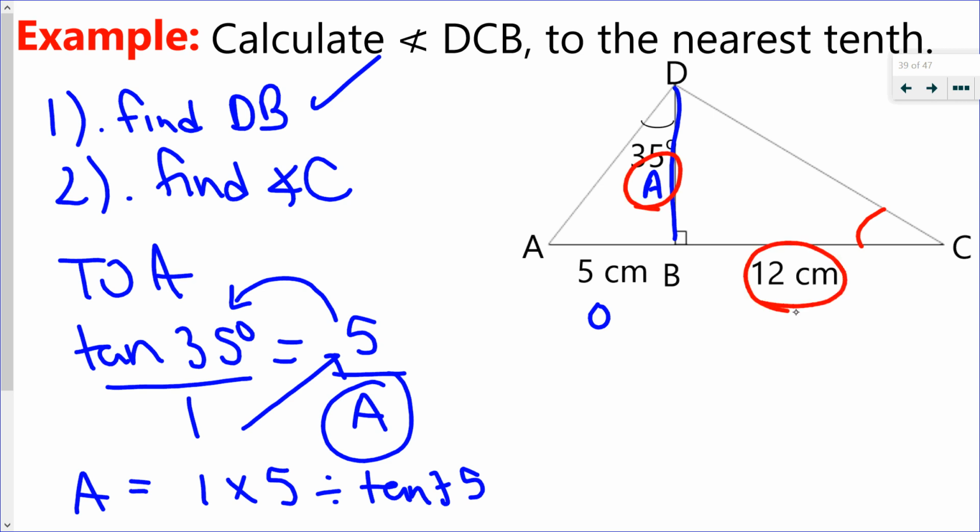Looking at that angle, it looks like I have opposite over adjacent, so I'm using tangent again. So tangent of angle C is equal to opposite, which is my A value, over adjacent, which is 12. Now, I know that that's about 7.1, but I don't want to round until my last step. So here's what I'm going to do.